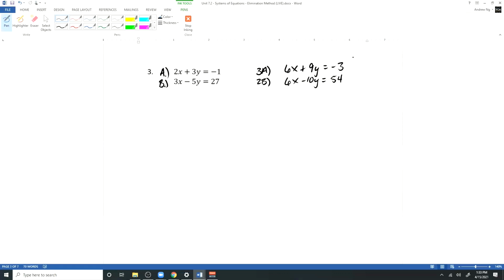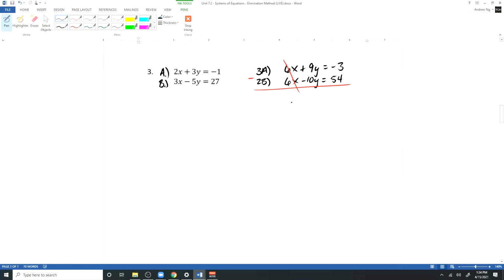And now I see that the coefficient on the x is exactly the same, 6x and 6x. Since they're exactly the same, both positive, same sign, subtract. So I can subtract these equations. 6x minus 6x, that'll go to 0.